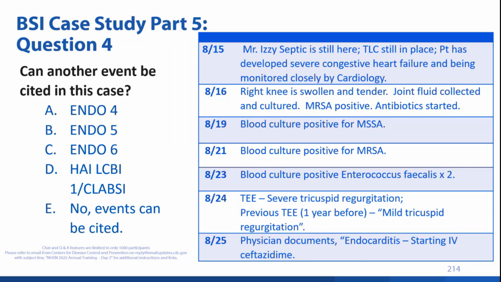LaTasha, I'm kind of seeing here a mix between A and D. Okay. All right. So let's look at the answer. D is actually the correct answer, HAI, LCBI 1, and CLABSI.